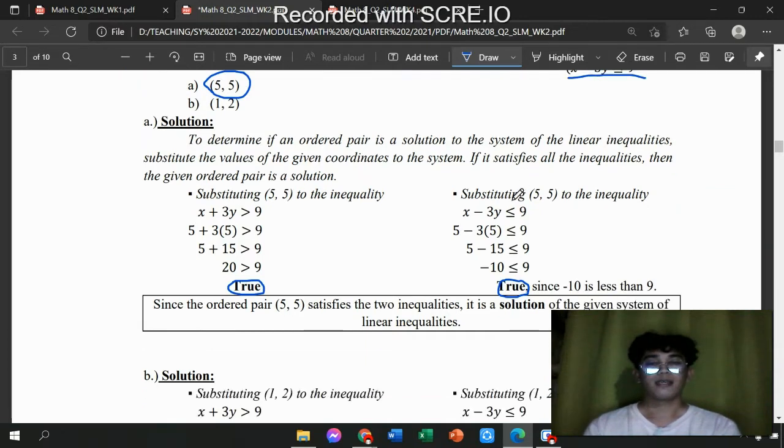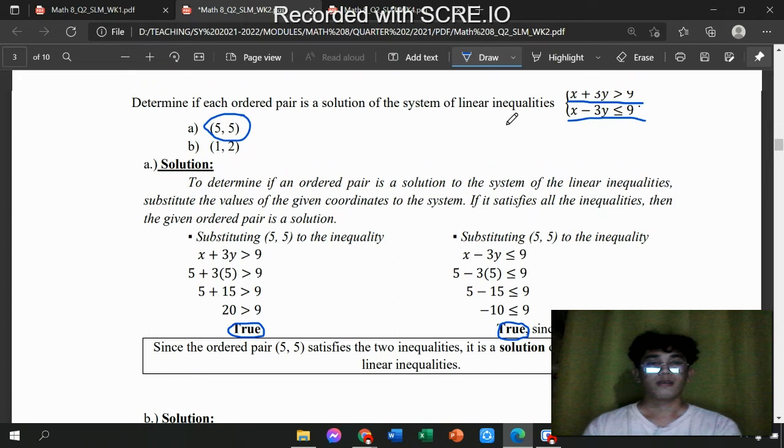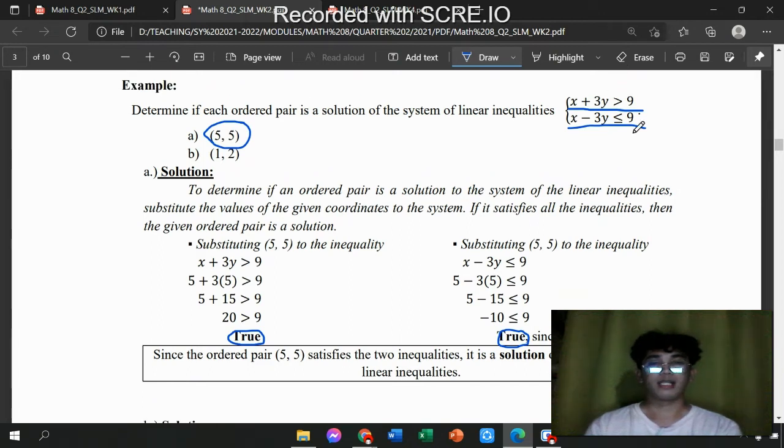Now let's try the second example, letter B, 1 and 2. So ang atong x si 1, ang atong y si 2. So mao na to x, y, 1 and 2.